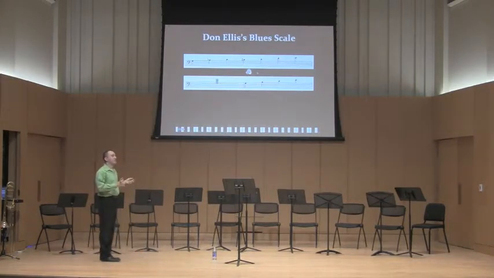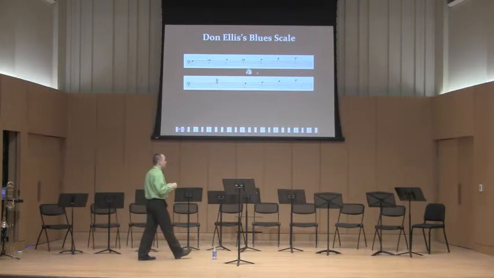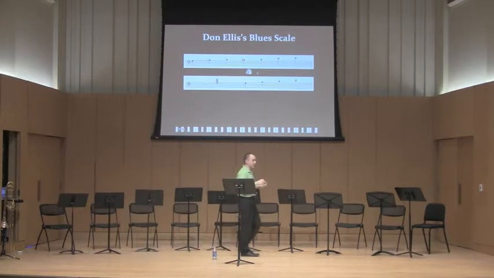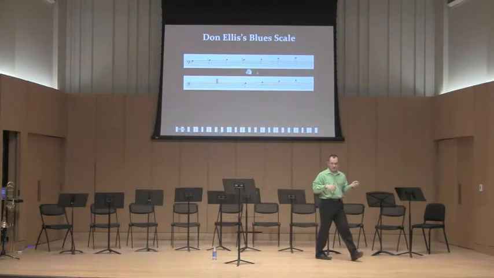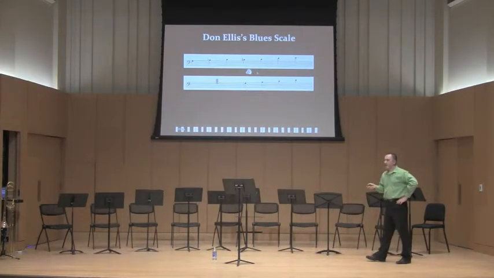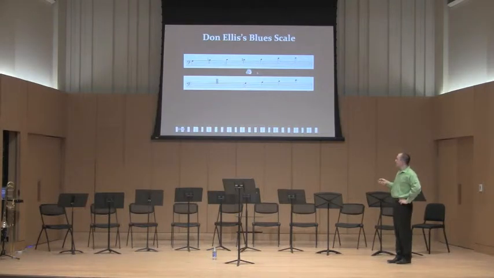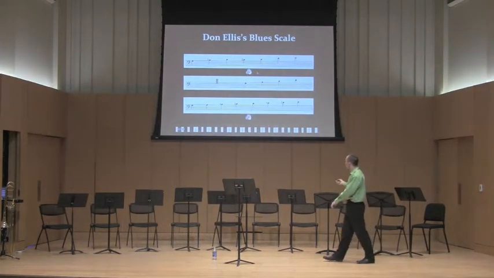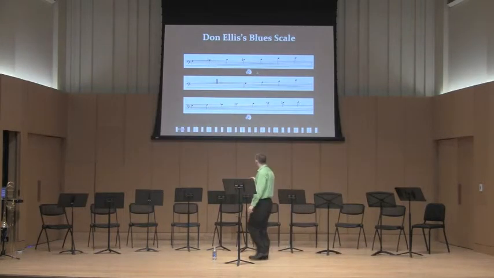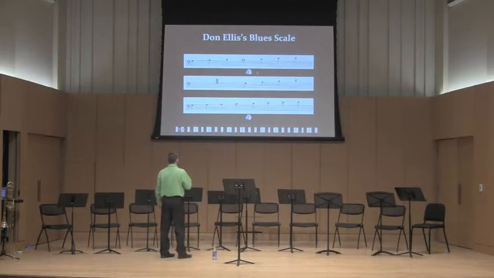Now, of course, there are plenty of answers that can be given about how jazz and to some degree all of Western music is a treatise on consonance versus dissonance and that sort of thing. But Don Ellis, being one to compromise, said, well, why don't we just use a pitch that's in between these two? And so he explored constructing a blues scale that will use what's called the neutral third.